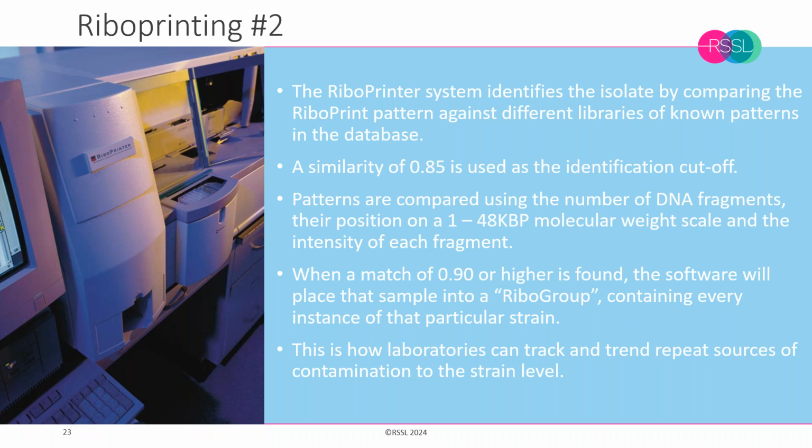And either way, if we find that organism again, then we have the ability to know we've had that organism again. So if we're trying to track something through the facility or match grade A or grade B, we've got a mechanism to do that.